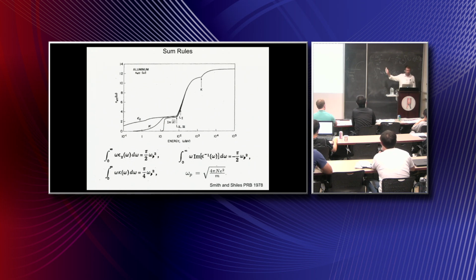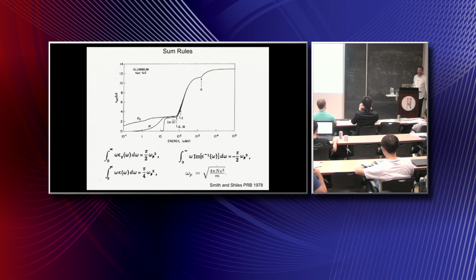So we have to be a little bit careful when interpreting this. If we've defined omega c as some energy scale where there's no more absorption in the system, then it doesn't matter at that point. I can just let omega c go to infinity, and then it encompasses all the possible spectral weight, and I expect that the n in this expression for the plasma frequency is just the density of carriers.